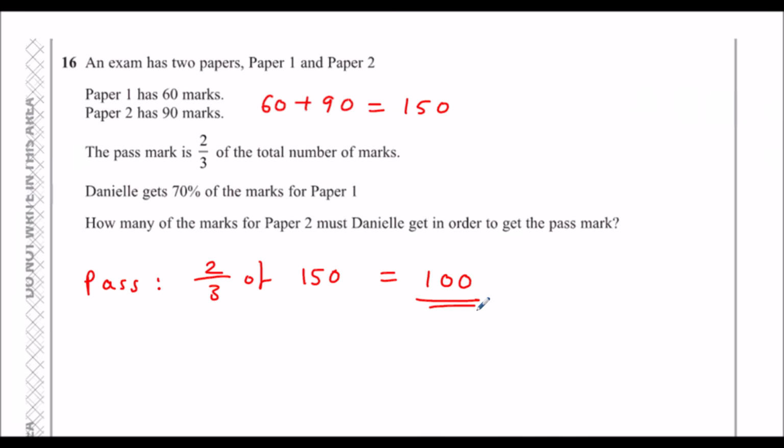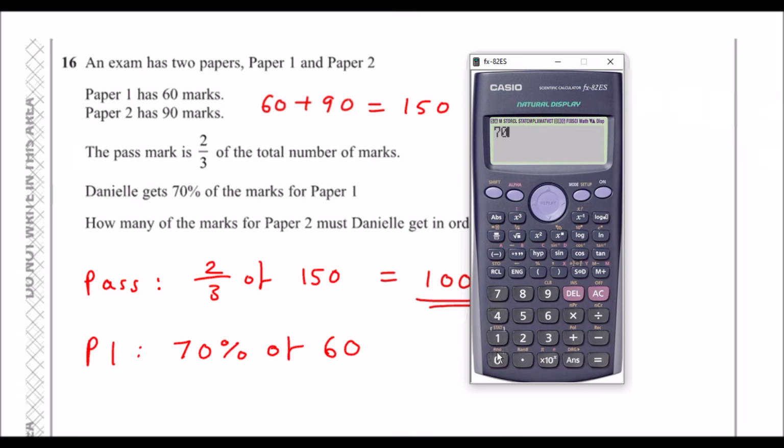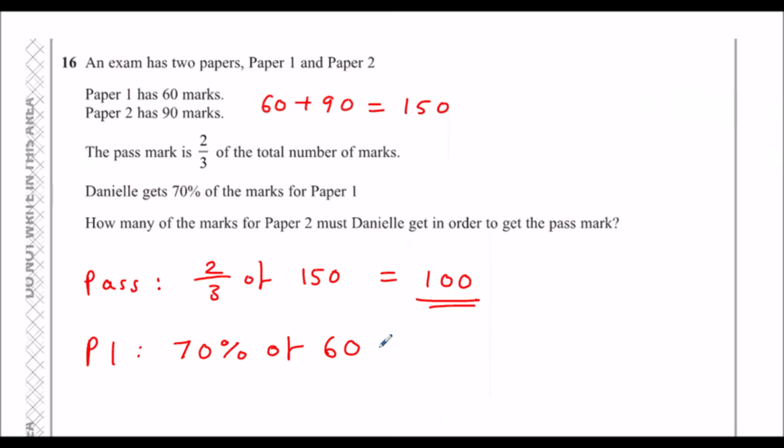Danielle gets 70% on paper 1. So on paper 1, we've got 70% of 60. So again, we've got of, that means times. So 70% times 60. I'm going to use the percent button. 70% times 60 is 42.